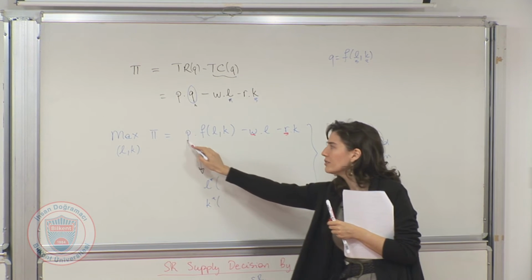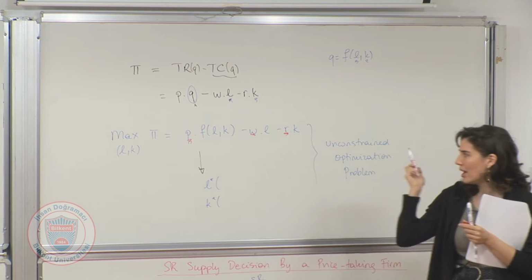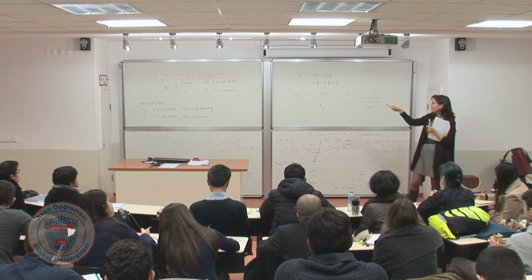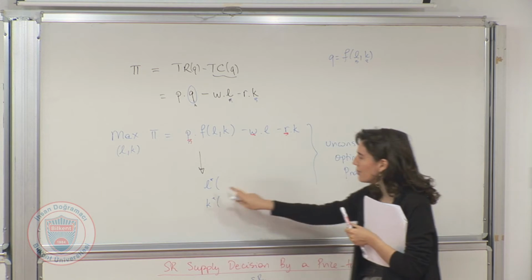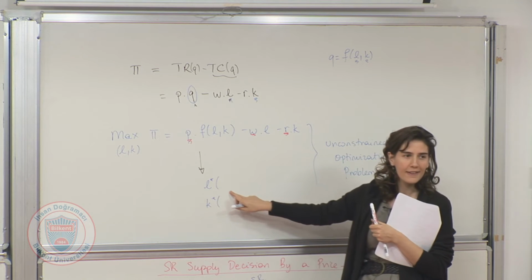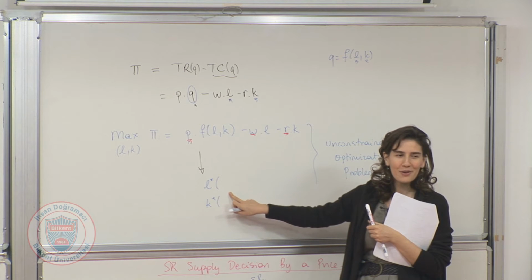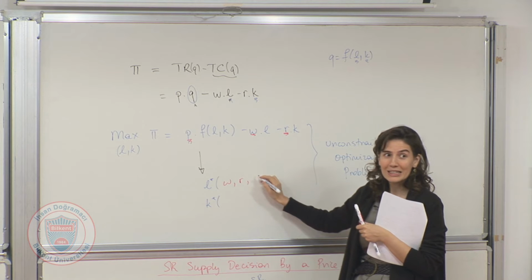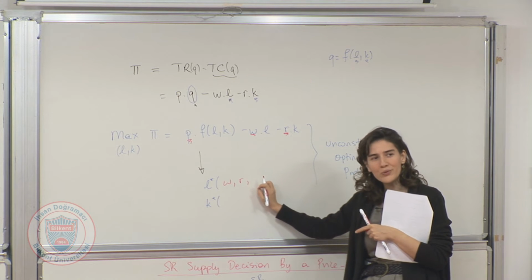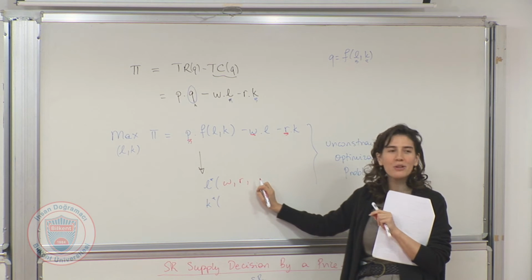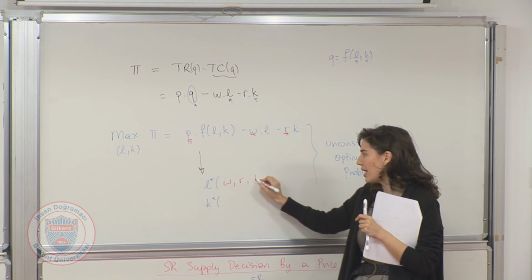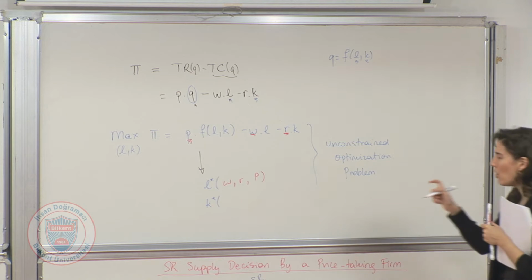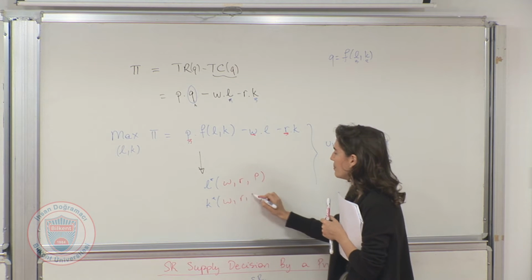I could have written this also for a non-price-taking firm, but still. So these are given. So this would be a function of what? Wage, R, and, no, Q0 was the case for the cost minimization. Now we're in the profit maximization. P, right? So this is wage, R, and P.